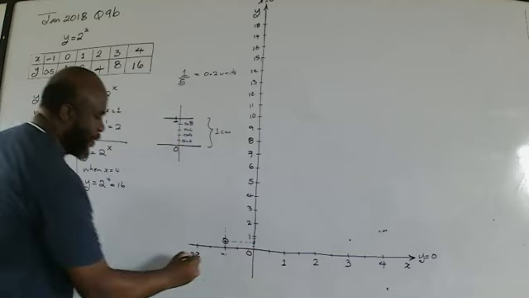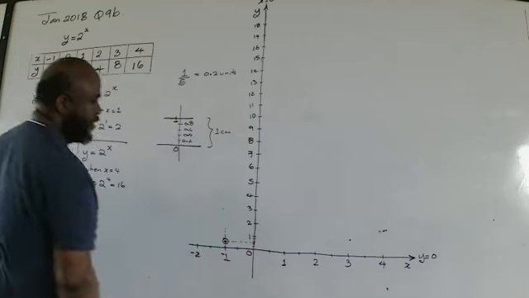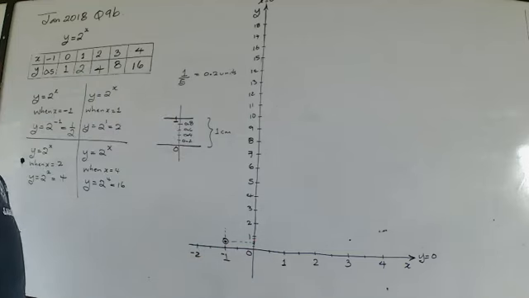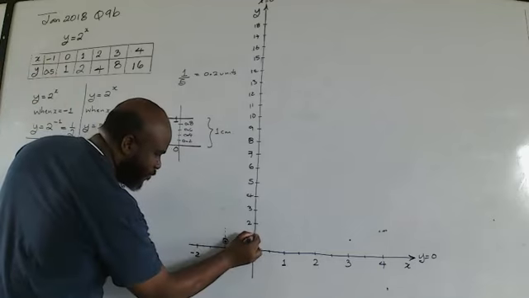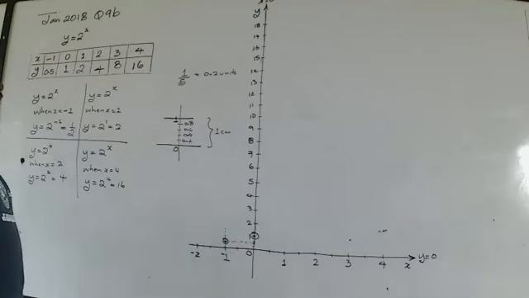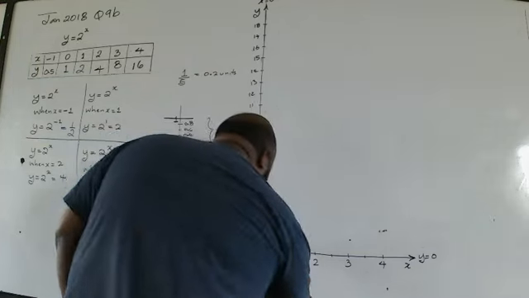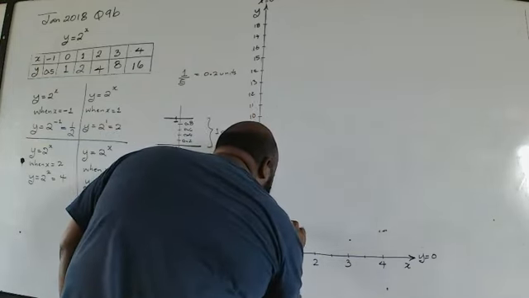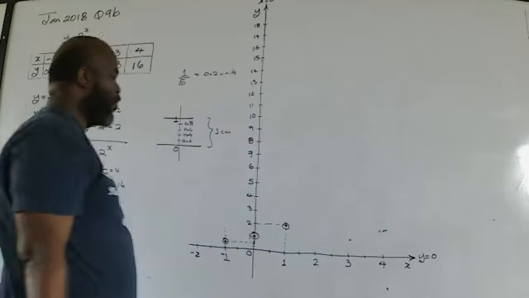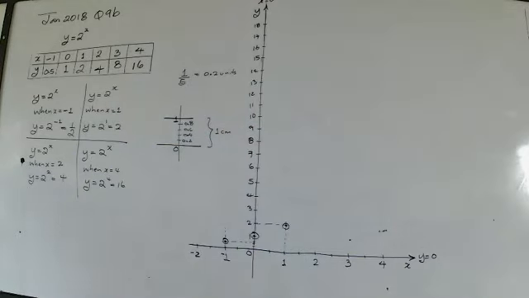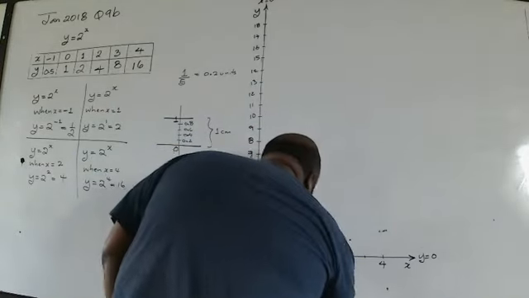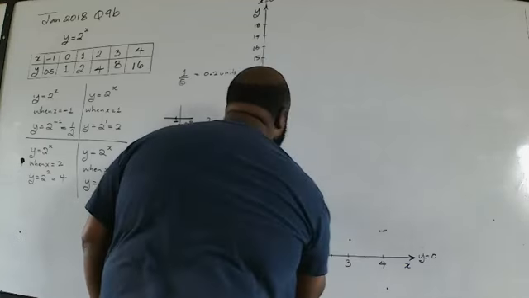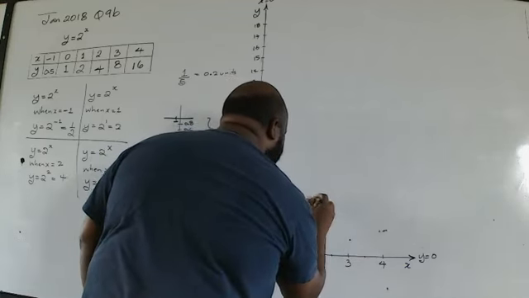Minus 1 corresponds to what? Half. 0 corresponds to what? 1. That is here. 1 corresponds to what? 2. So that's 1 vertical, 2 horizontal. Here. 2 corresponds to what? 4. That is 2 vertical, 4 horizontal.